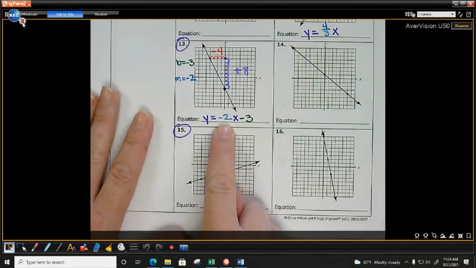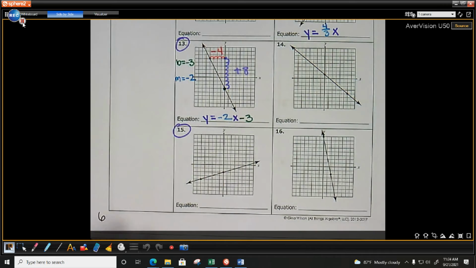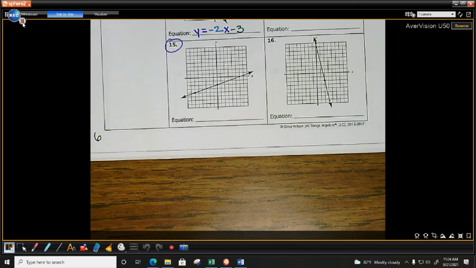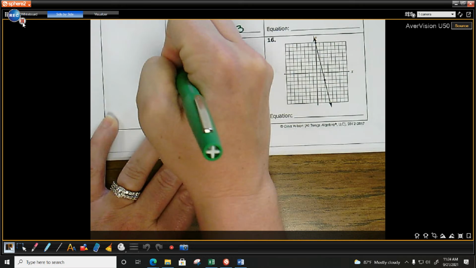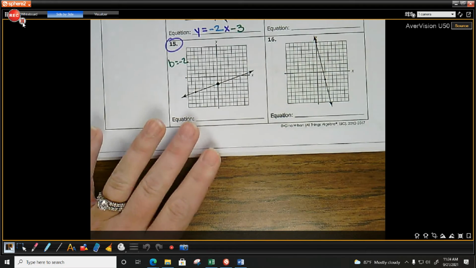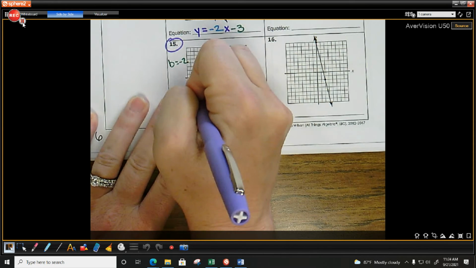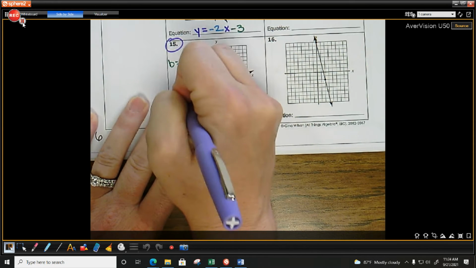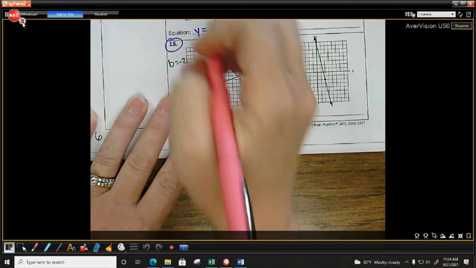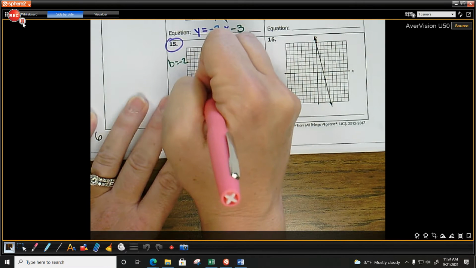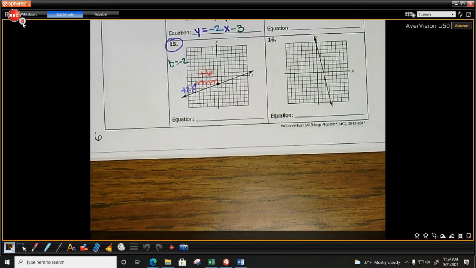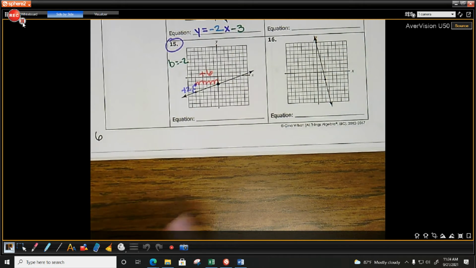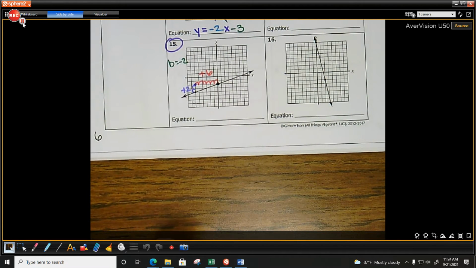Okay? So 15, what's my b? -2. Start with your bottom point and go 1, 2 up. And then 1, 2, 3, 4, 5, 6 to the right. I saw lots of 3's here. 6 divided by 2 is 3, but we do our rise over our run.